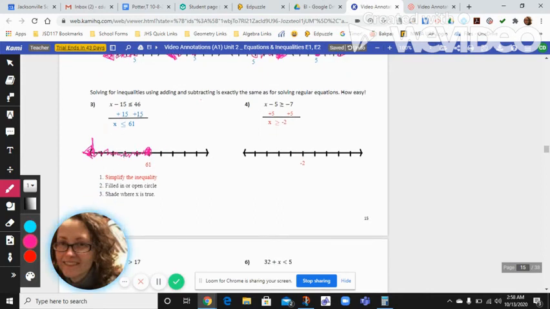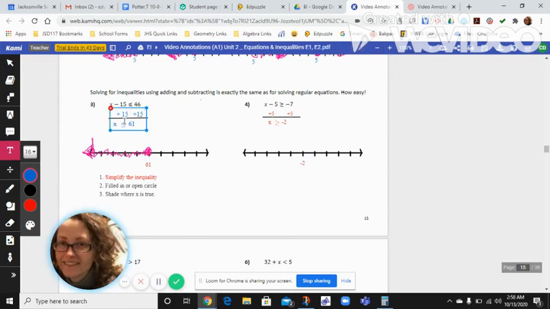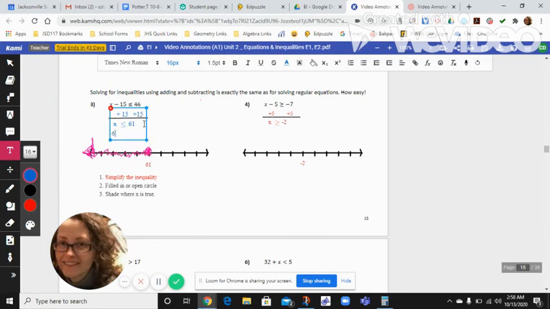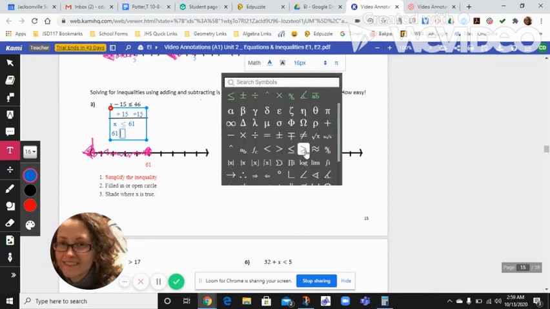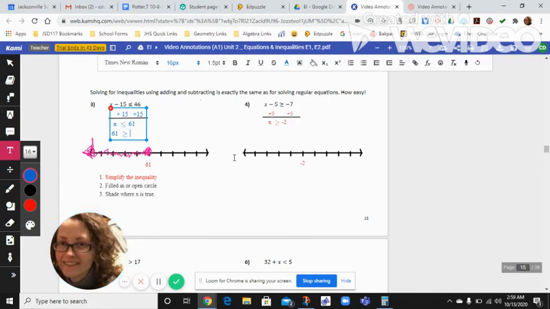So that pattern can be helpful, but it can also be misleading if we end up getting a solution that says 61 is greater than or equal to x, because that inequality says the same thing, that 61 is the larger number. 61 is greater than or equal to x says the same thing.